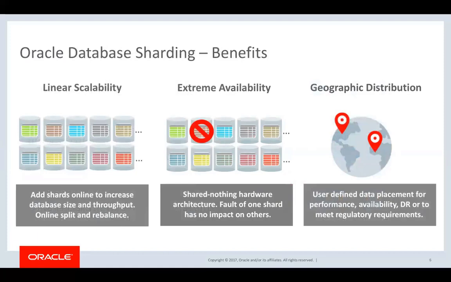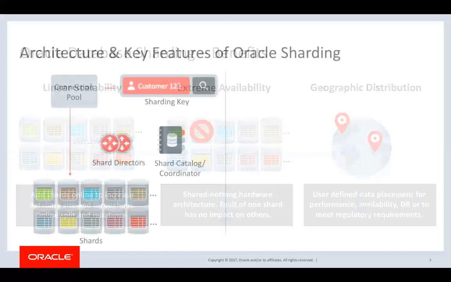And then global data distribution, wherein you can have data closer to your consumers, to your users, or you can honor your data privacy regulations, making sure that certain shards will reside only in their country. For example, German data in German data center, American data in American data center, and so on and so forth. Right? And you get that capability with sharding.